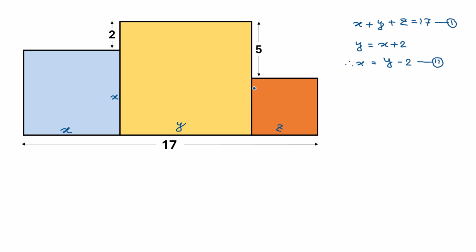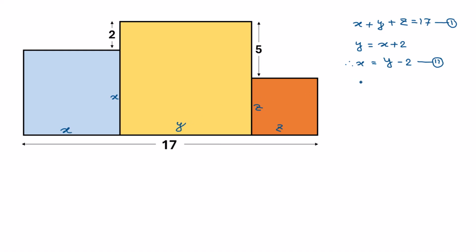And the length of this orange square is z unit. So this length is also z unit. So this 5 plus this z is the total length of this yellow square. So 5 plus z is the same as this y.